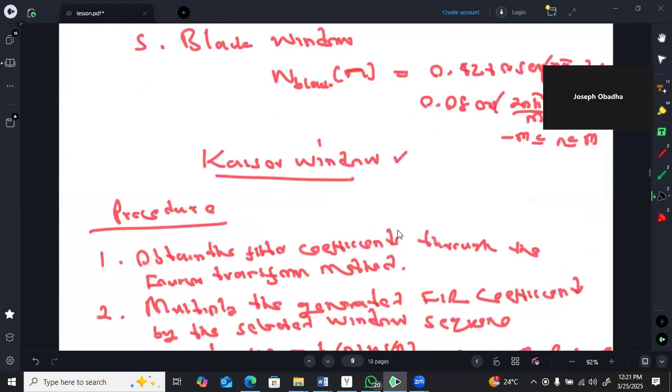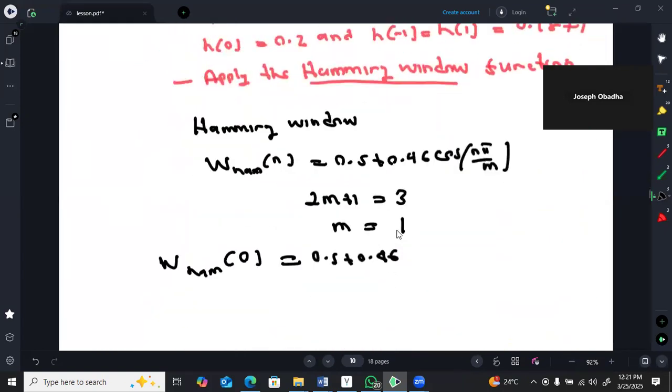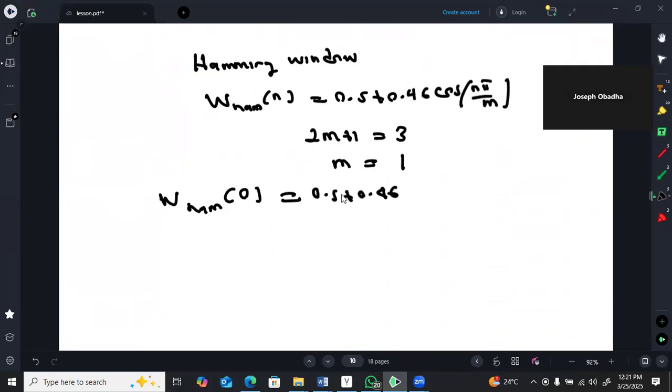Yeah, it should be 0.54, plus 0.46 times cos 0, n is 0, pi over 1. Cos 0 is 1, so this gives us 1. So that gives us W Ham 0.